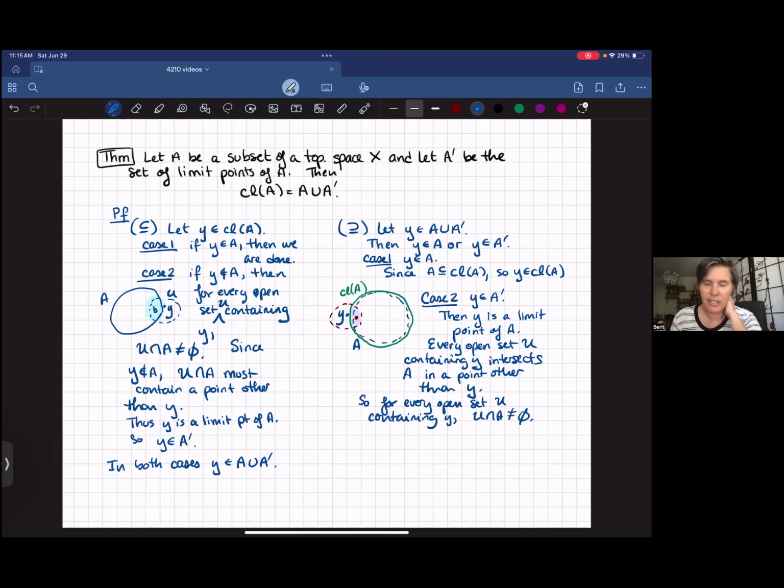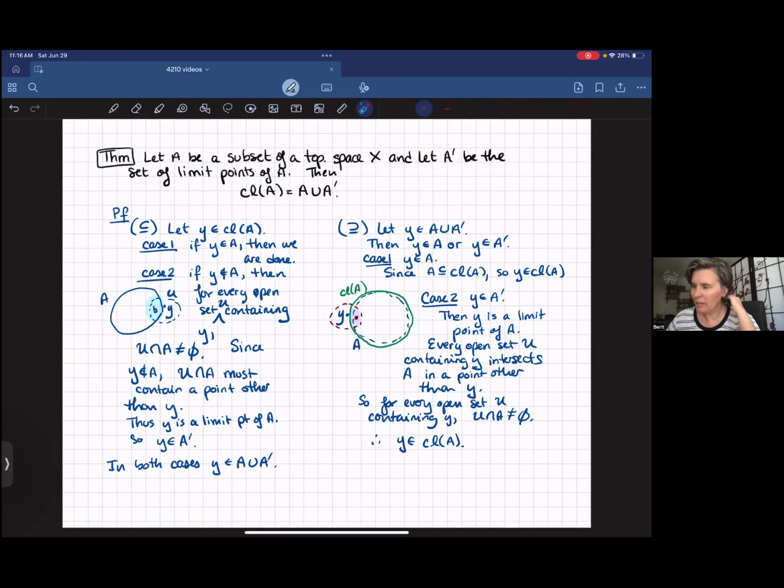I mean, it intersects A in a point other than Y. I don't even care if it's a point other than Y. I just know it intersects A. That's all I care about. So U intersect A is not empty. And therefore, Y is in the closure of A. So in both cases, in case one, if Y is in A, then Y is in the closure. And in case two, if Y is a limit point, then Y is in the closure.